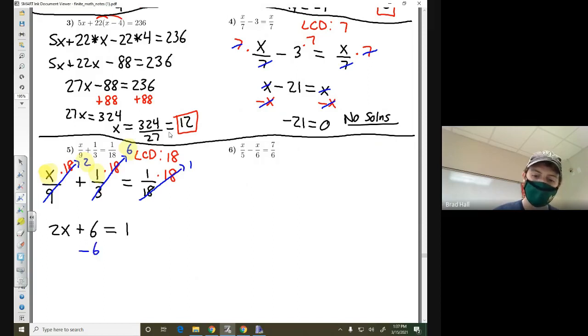Subtract 6 on both sides. So we get -5, and then we divide 2 on both sides.